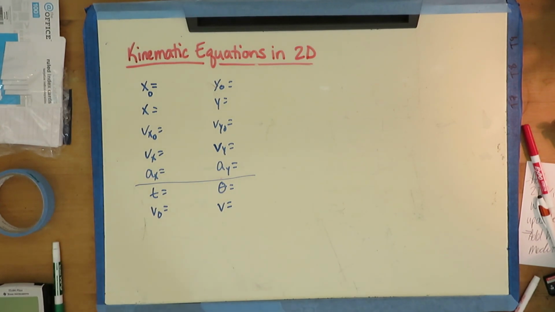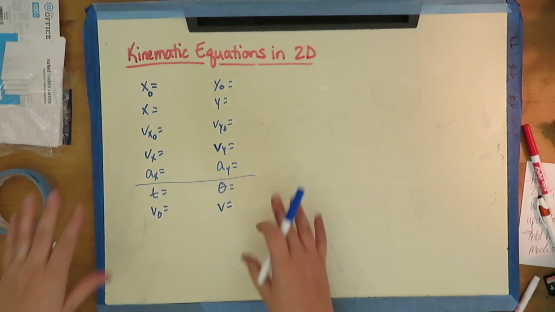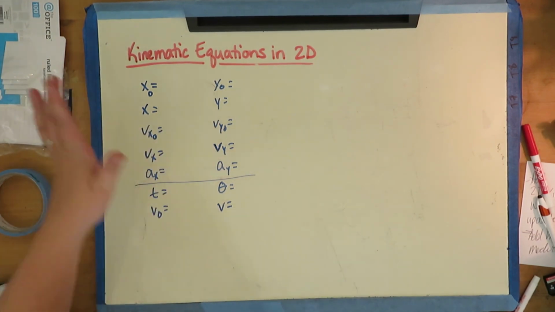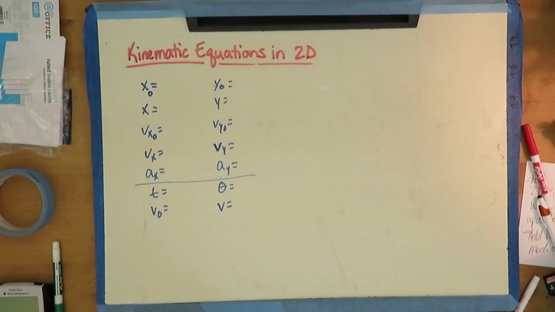So without overwhelming you, I just want to give you a general understanding of how the kinematic equations are set up, and a good way to set up as you start analyzing problems.